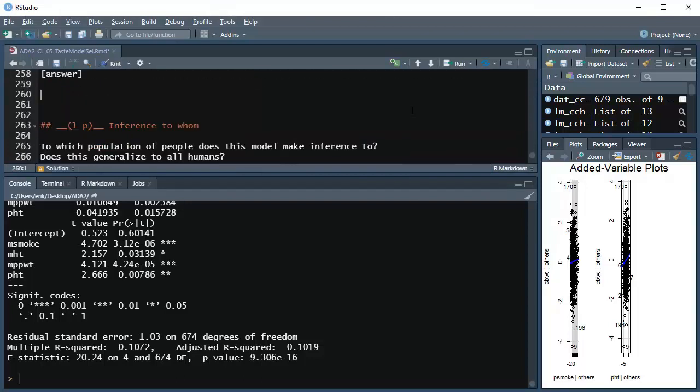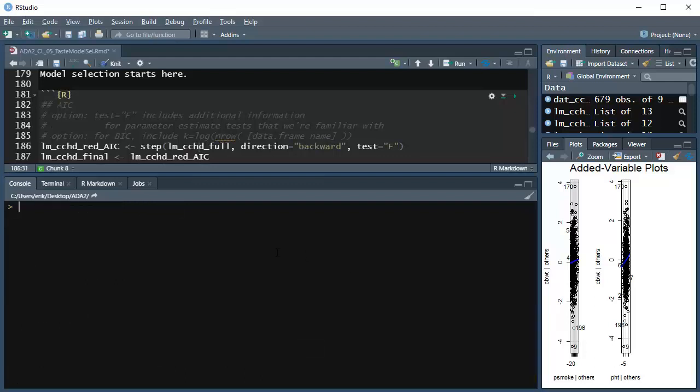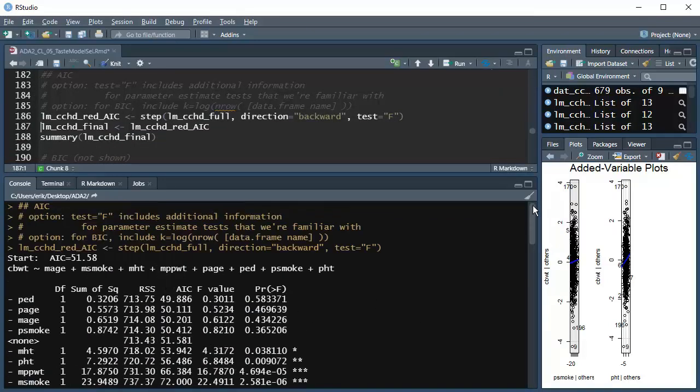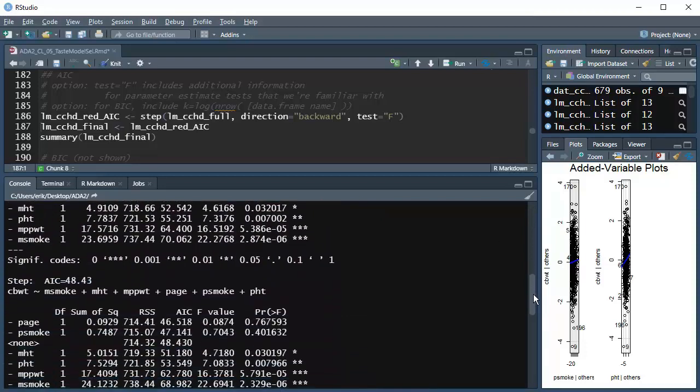Okay, yeah. Let me just do the stepwise regression again. I'm going to clear the console so that anything in there is only the stepwise regression. Okay, so we first removed father's education, and then mother's age. To my memory, so far this order is about the same.